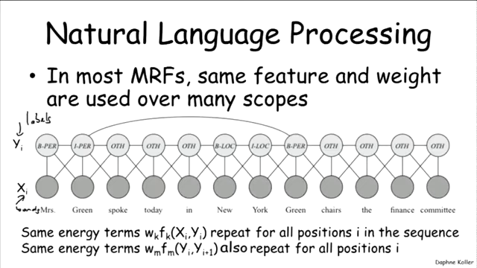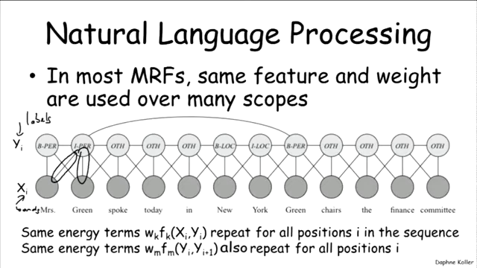This is the named entity recognition problem, but the same thing happens in other examples. We talked previously about the kinds of features that relate, for example, a label of a word and the word itself. For example, if it's capitalized, it's more likely to be a person. If the previous word is Mrs., it's more likely to be a person too.